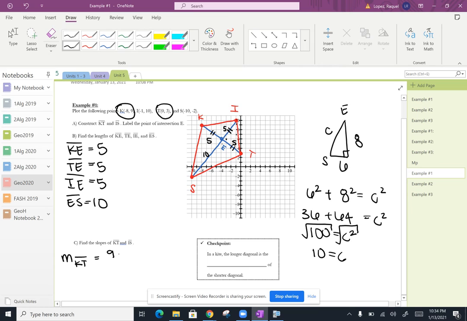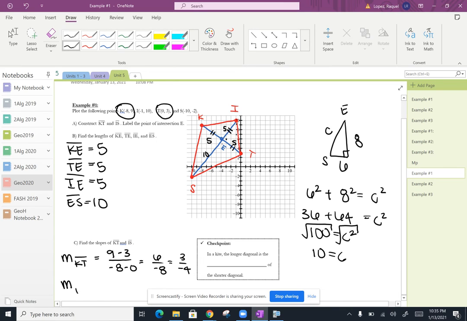I'm going to do 9 minus 3 all over negative 8 minus 0. So let's see, 9 minus 3 is 6. And then negative 8 minus 0 is negative 8. So that's the slope of KT. Let's go ahead and reduce that fraction, so divide my numerator and denominator both by 2, so this becomes 3 over negative 4.